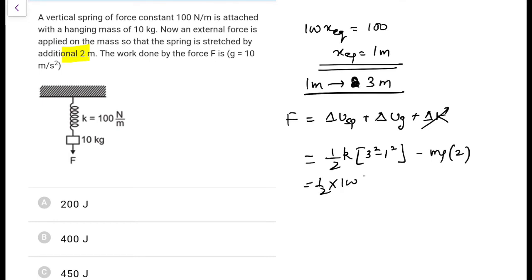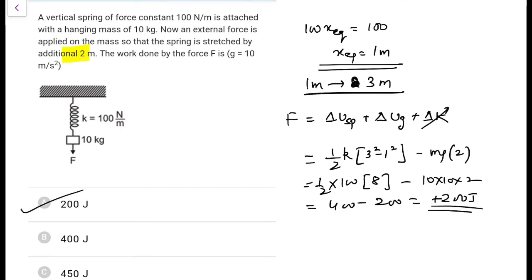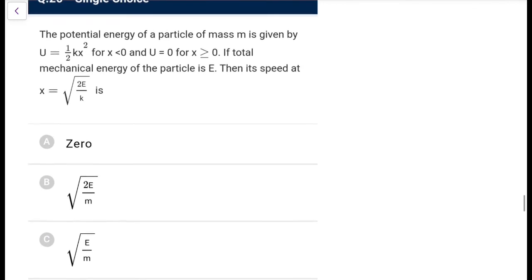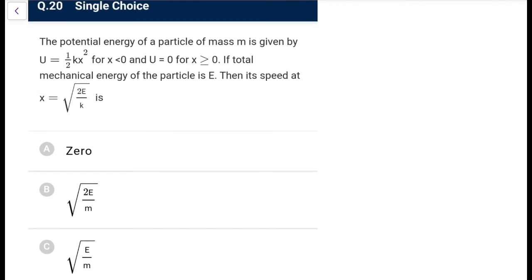So half k into 3 square minus 1 square, that is 8, and mg into 2, 10 into 10 into 2. So this is 400 and this is 200. So work done by that additional force would be 200 joule. 200 joule is work done by gravity. So don't do it only as half k x final square minus x initial square, because that is the work done by force plus gravity.